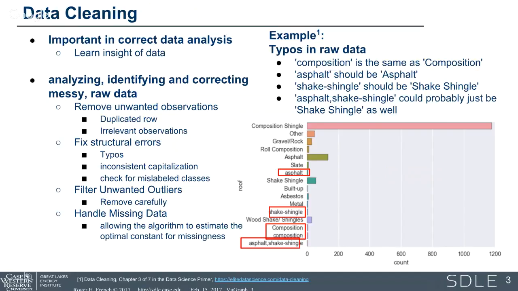So it's recommended to use some algorithm to estimate the optimal constant for those missing values and use those estimated values to fill in your data frame in order to drop as little information as possible.